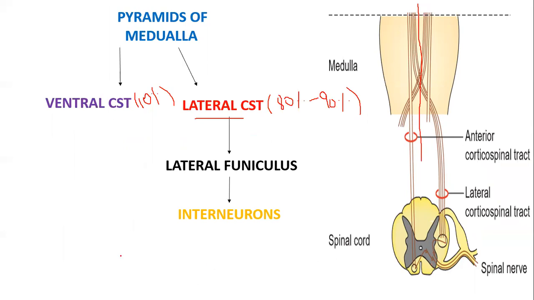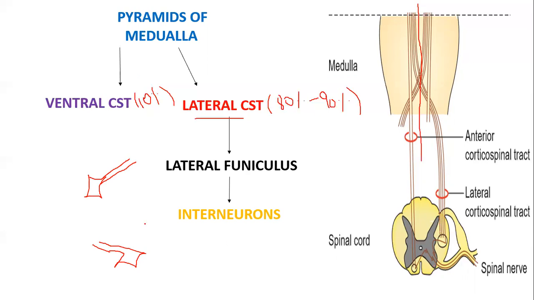I'll make you think very simple. Suppose this is your afferent fiber, and here you have your efferent fiber. Fibers from your lateral corticospinal tract are the afferent, and the neuron concerned with the ventral horn is the efferent neuron.